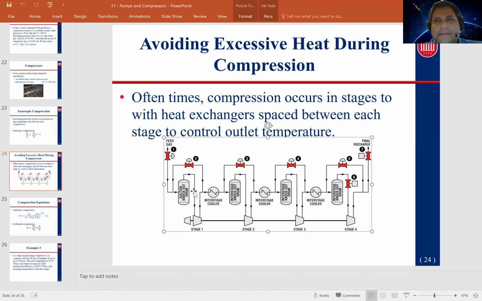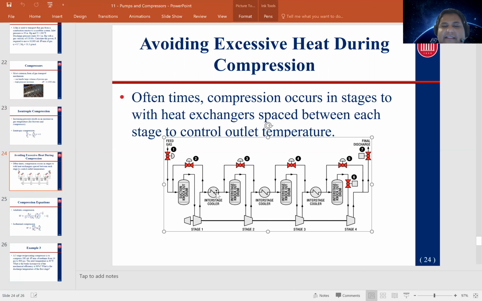And so just like a pump doesn't like vapor in a system, a compressor typically can be damaged by liquid within the system. So what's done is what's shown in this figure, where you have these knockout drums that separate any liquids or condensables from the gas that you're compressing.